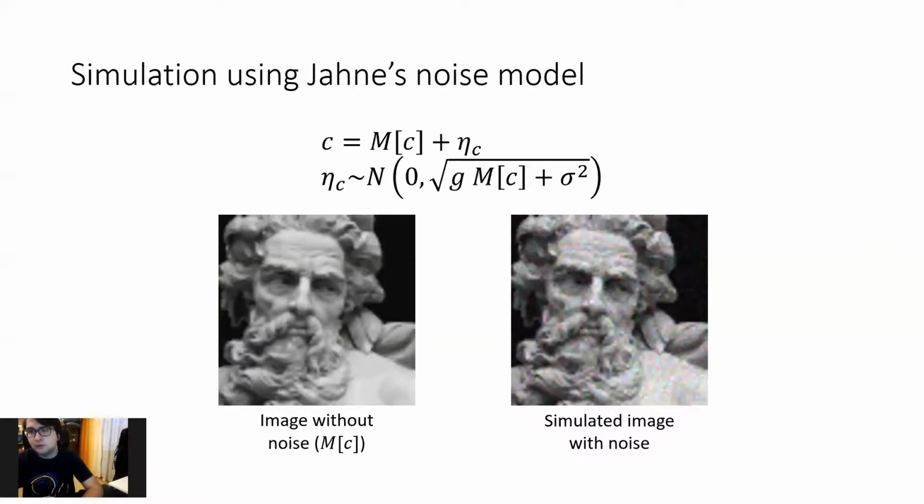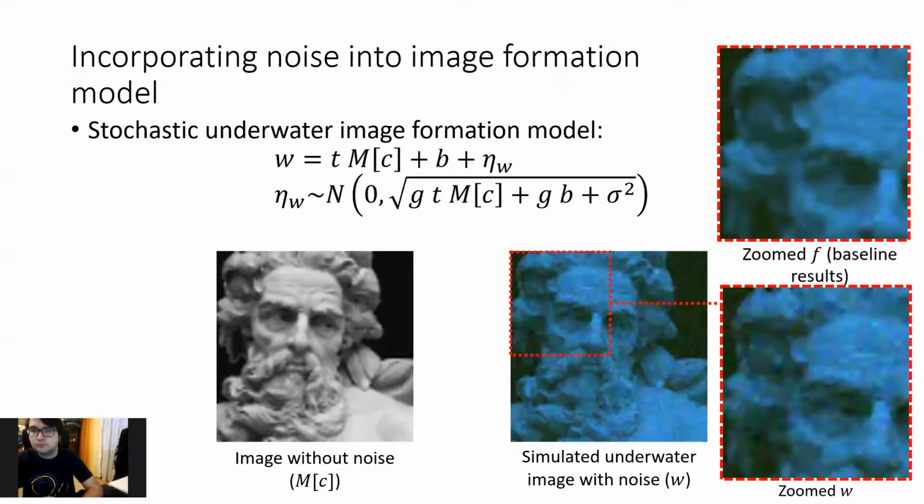On this slide are shown the results of noise simulation. On the left, you can see the image without noise, and on the right, the image with noise simulated according to the formula on the slide. Here you can see the results of incorporating noise into the underwater image formation model.